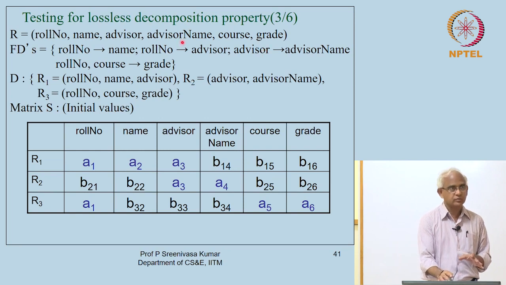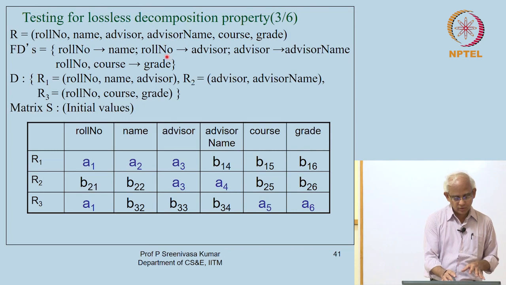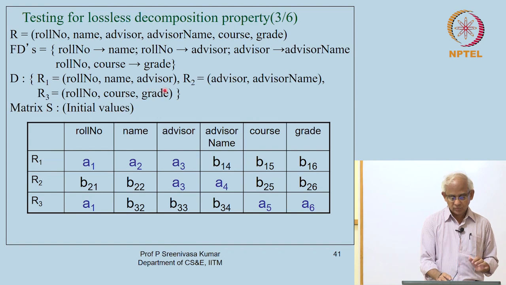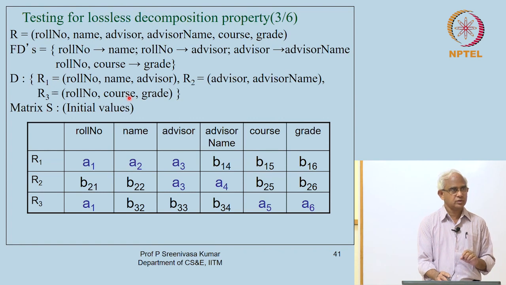So, it has trouble. Let us consider this decomposition, which is a pretty logical one, because R1 has information about students, R2 has information about advisors, and R3 has information about students and courses. So, this is a very neat decomposition of the original scheme.